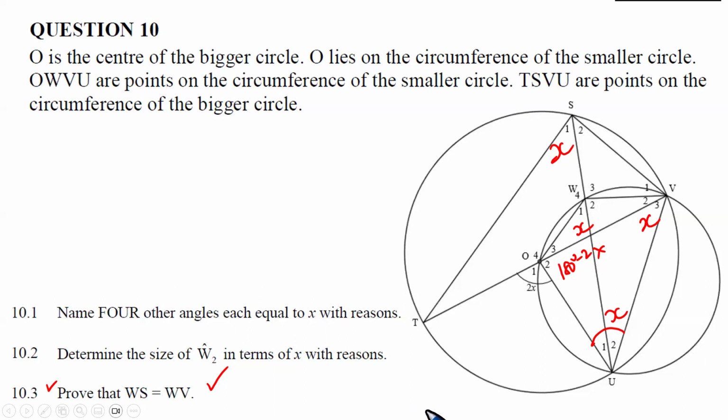Right. How far, Tando? I am stuck, sir. Okay, we need to prove that WS is what? Is WV.